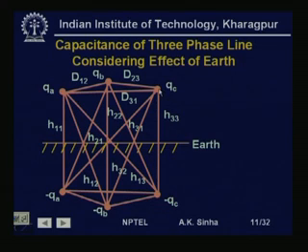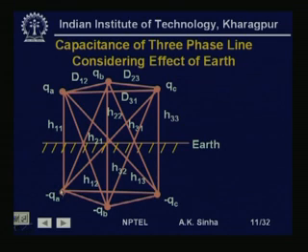Now, these conductors are placed above ground, and if we have to take into account the effect of ground, then we have to consider the image conductors. The image conductor for the phase A conductor will be at a distance below the ground equal to the height of this conductor above the ground.